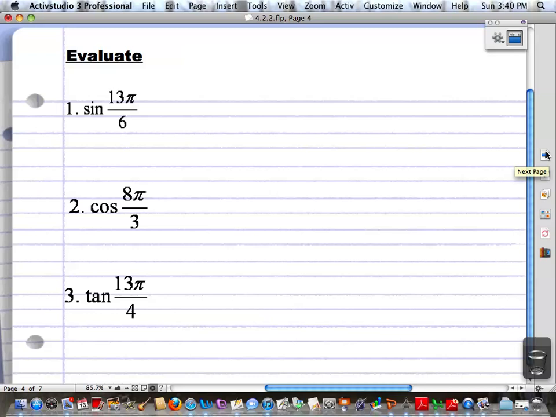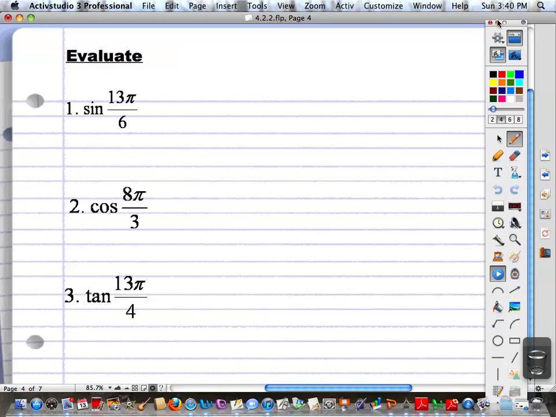So we can use that idea of period to evaluate the sines, cosines, tangents of other values that are not in that 0 to 2 pi range that we looked at in our table and in our unit circle. So if I wanted to evaluate the sine of 13 pi over 6, I'm going to start out by subtracting 2 pi, because I can see that 13/6 is more than 2.